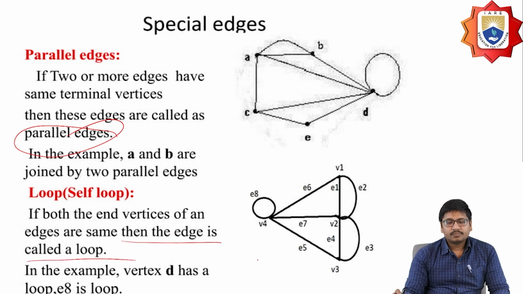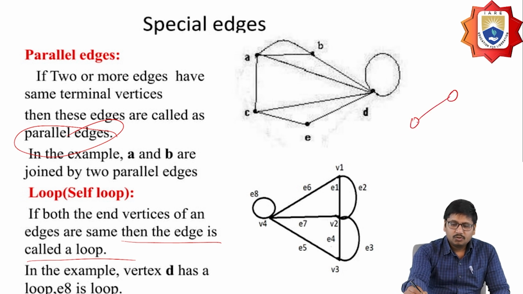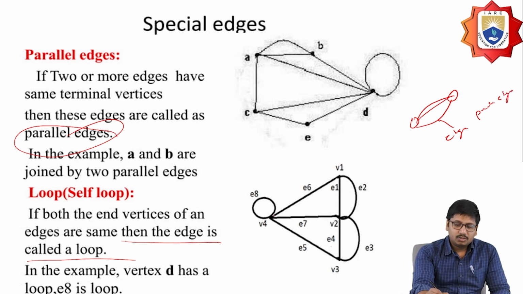A loop is nothing but an edge that starts and ends with the same vertex.